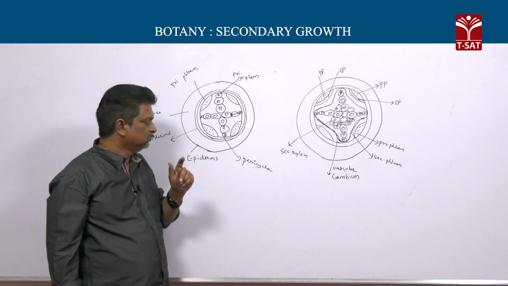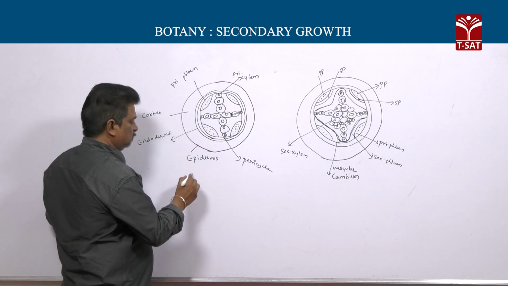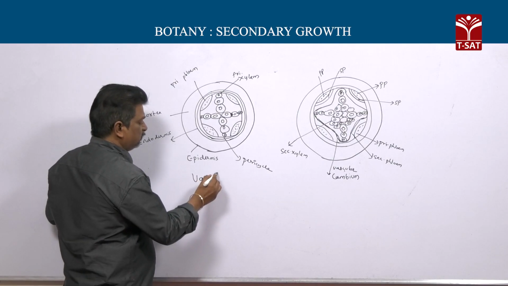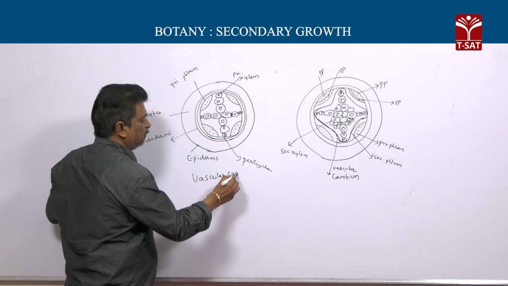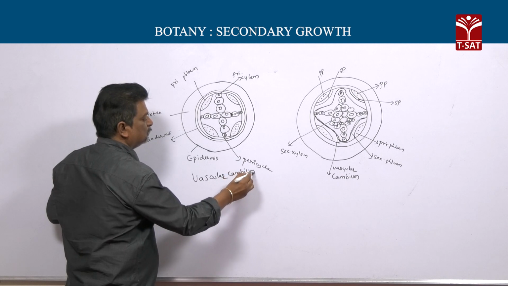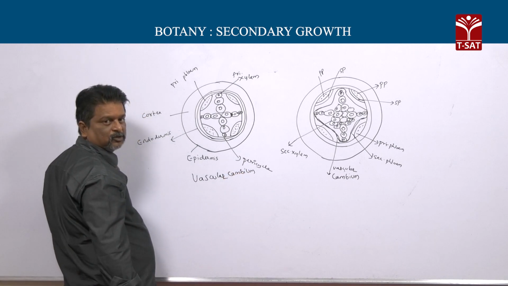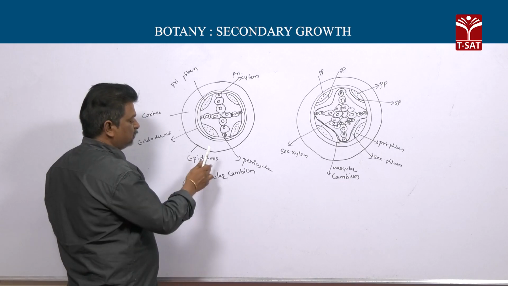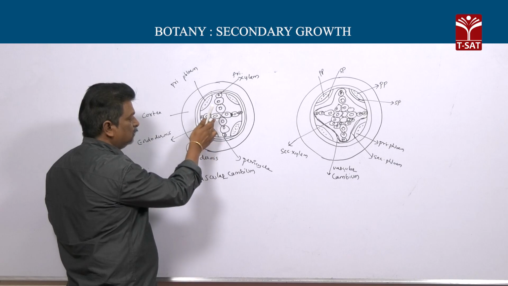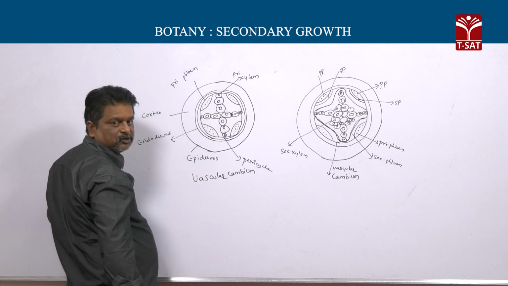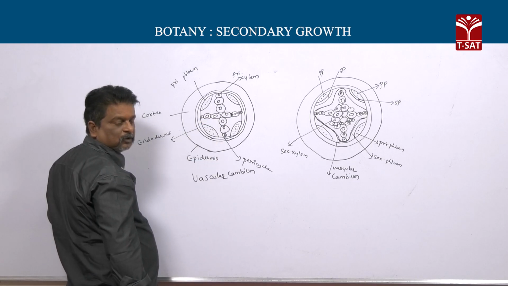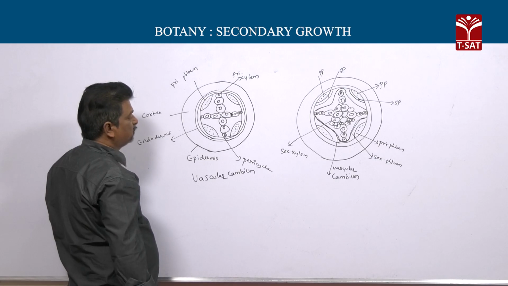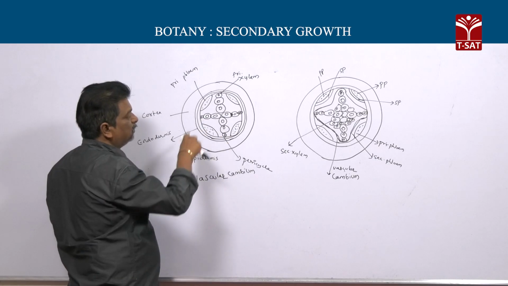Within the stele, the vascular cambium is responsible. In the starting stage of a dicot root, vascular cambium is absent, so the vascular bundles are closed.